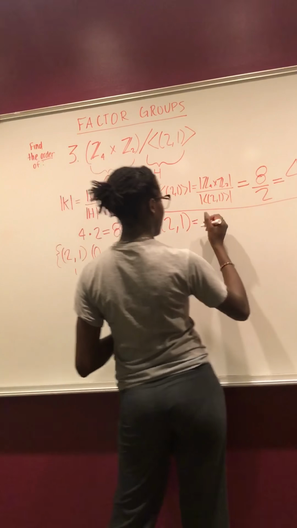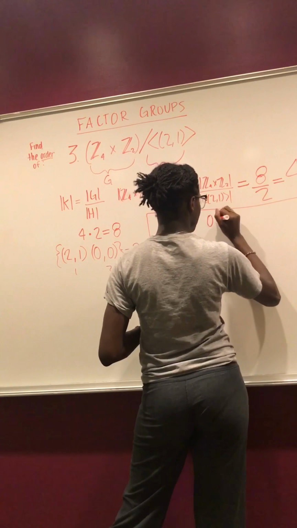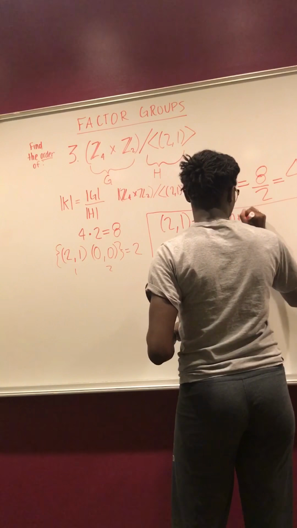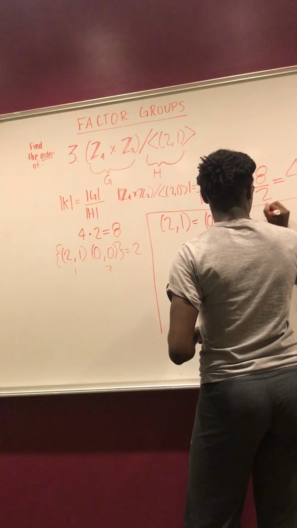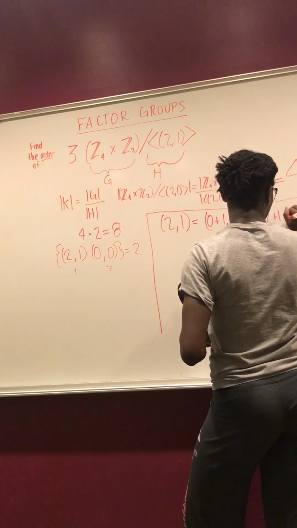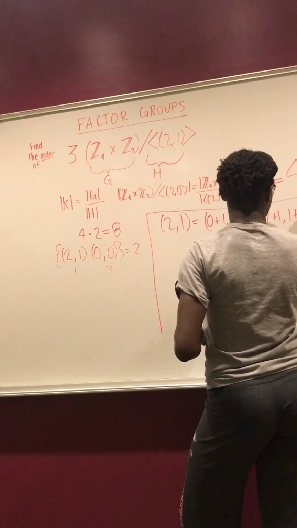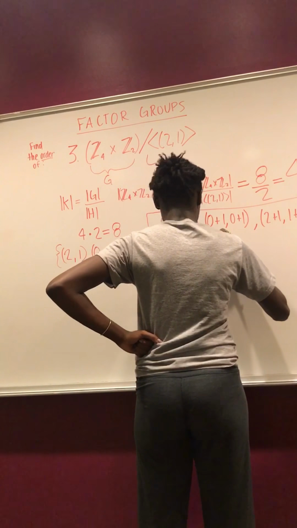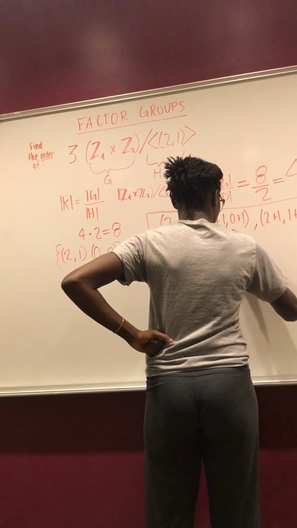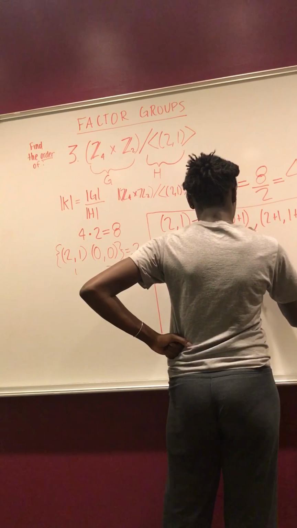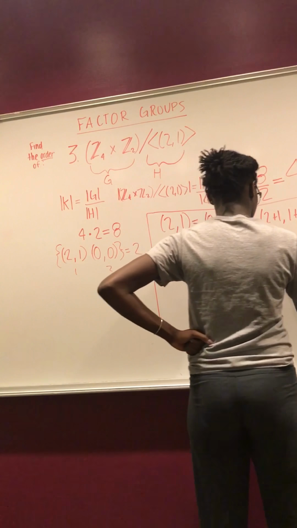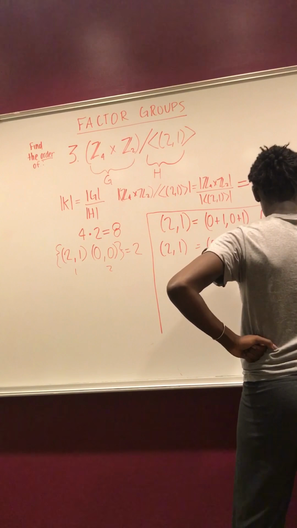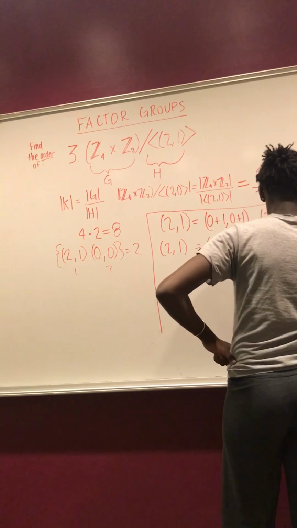So doing that, we have 0 plus 1, 0 plus 1, and then we have 2 plus 1, 1 plus 1, and again, we're going to do 0 plus 2, and then 0 plus 2 again, and finally 2 plus 2, and 1 plus 2.